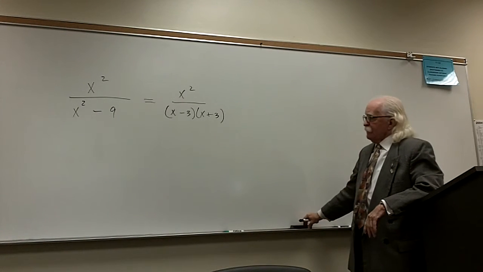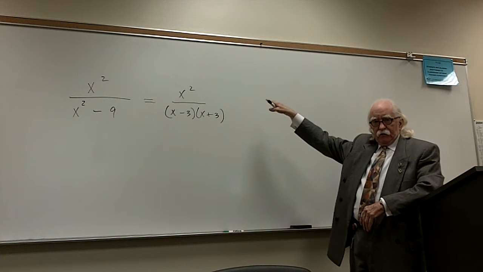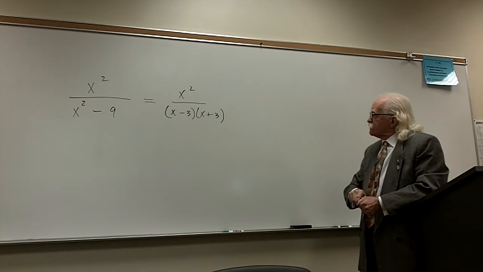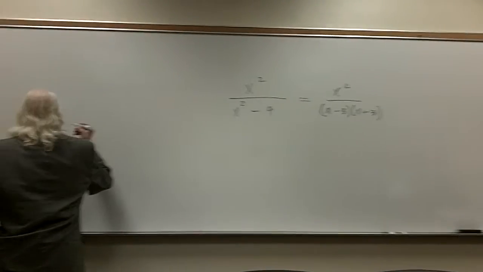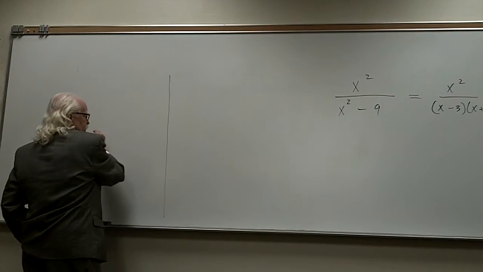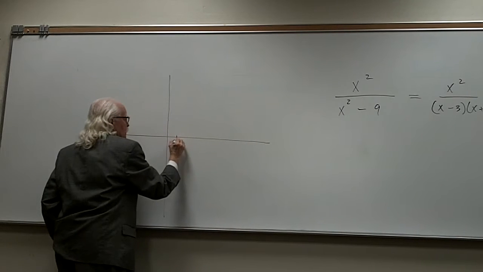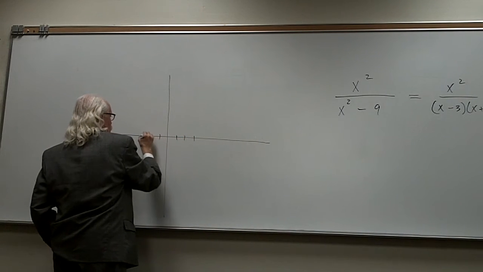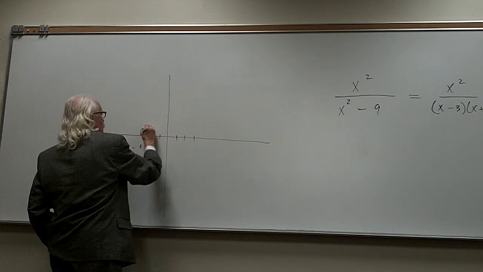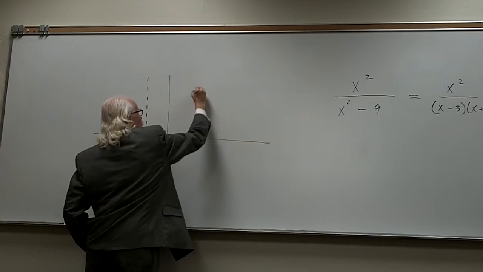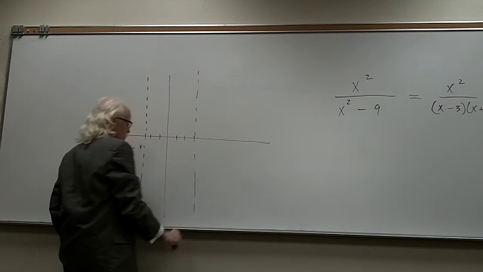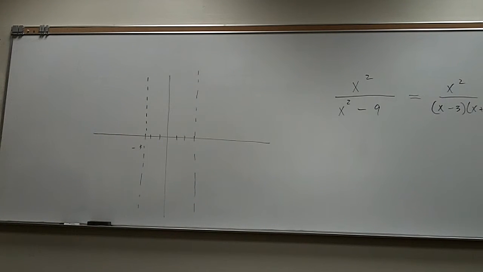So, let's stop a second and take a look at this problem here. What does it mean when you have a problem like this? Graphically, it means, you know what those are called?